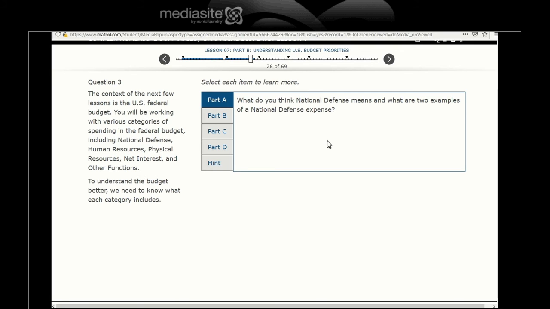But for example, for national defense, 2 examples. What is national defense? Well, basically it tells me military, cost of defending the USA. What 2 examples of expenses? One would be military payroll.